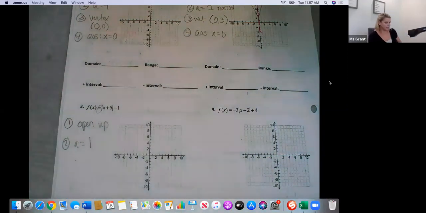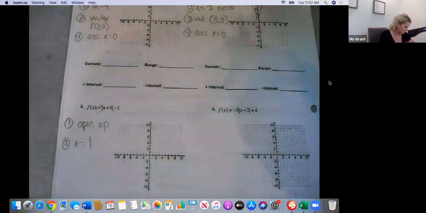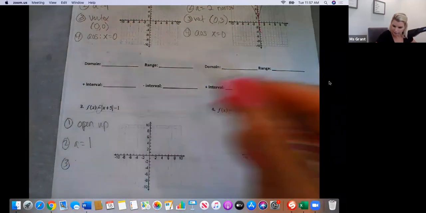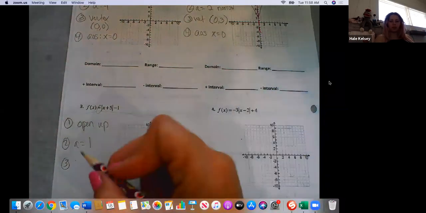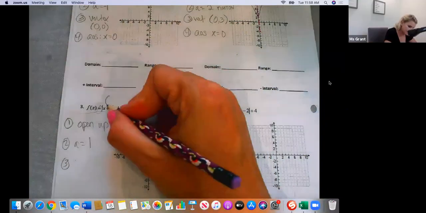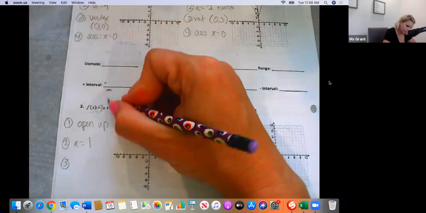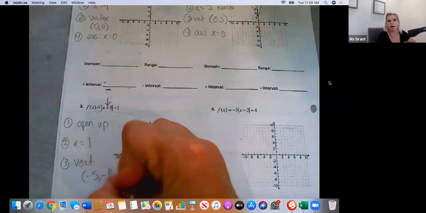All right, good. Vertex. Kelsey. Would it be 5, -1? Oh, one thing, I'm sorry, not parentheses. It's the opposite sign of right here. Oh, okay, -5 and then -5, -1. Good job.